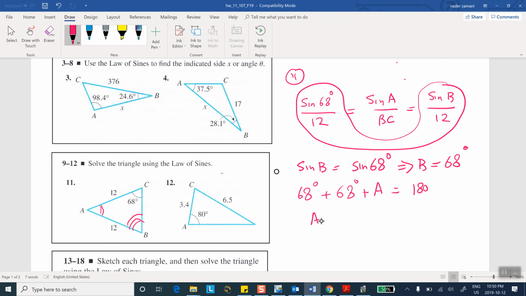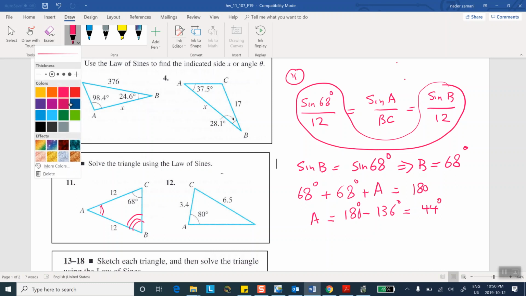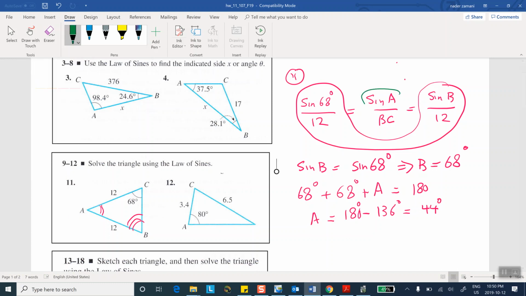So angle A is equal to 180 minus, now these two add up to be 136. These are all degrees. And this is going to be 44 degrees. So A is 44 degrees.